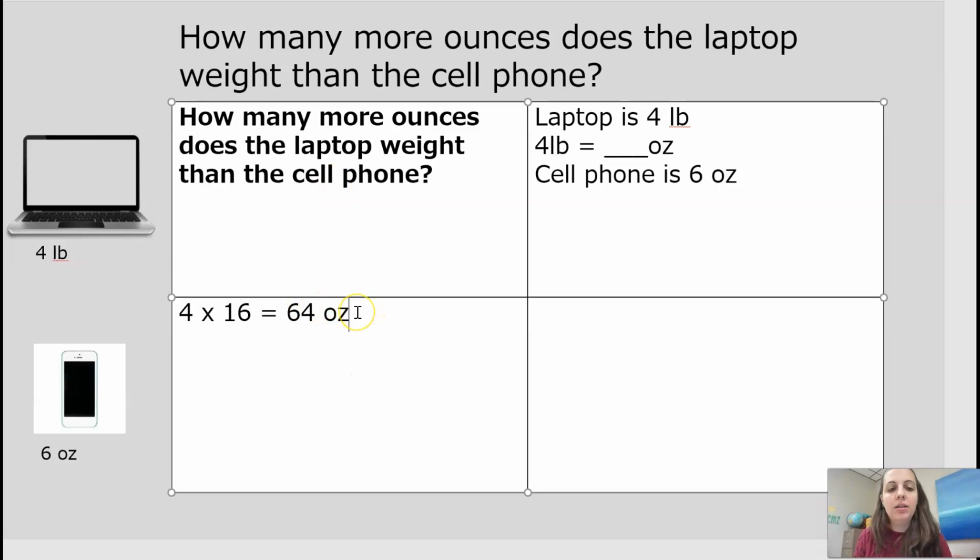I'm gonna write laptop. And I know that the cell phone is 6 ounces. So I'm gonna complete this information here. I'm gonna copy it here.